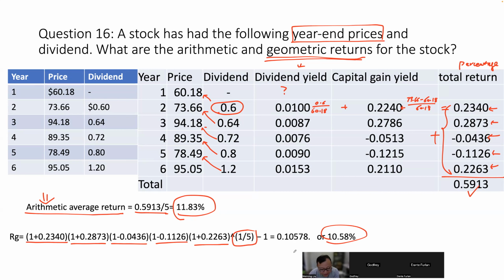Which one is higher, the arithmetic return or the geometric return? In this case, you can see that the arithmetic return is slightly higher. Okay, that's it for today.